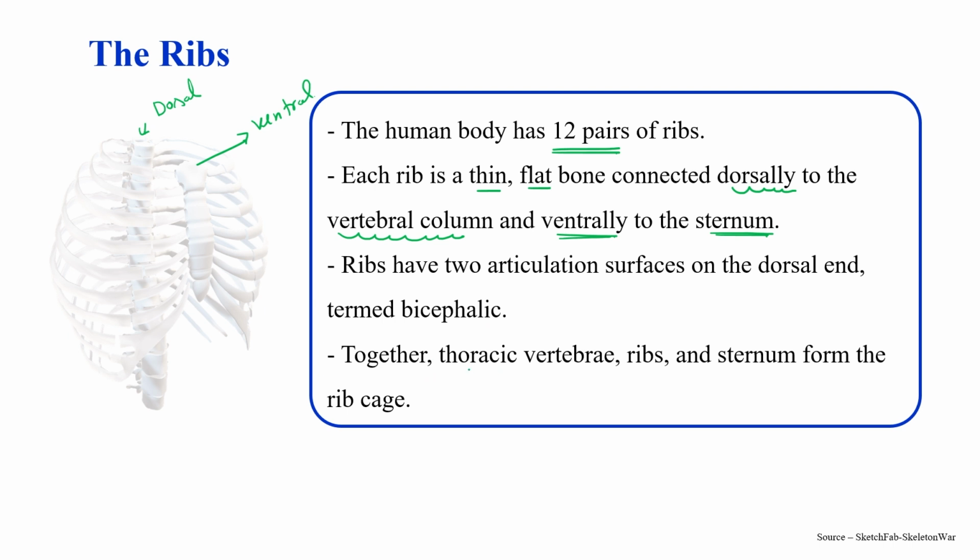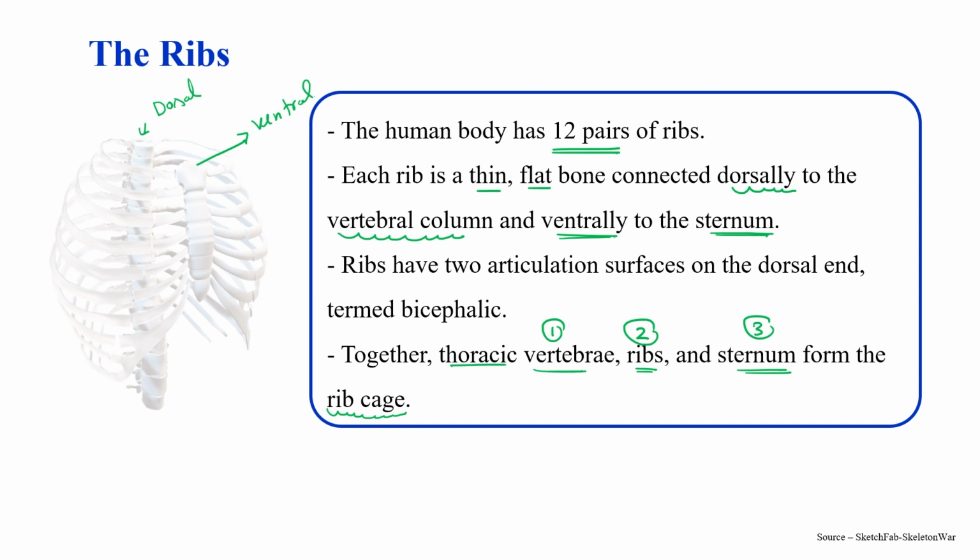Together, these thoracic vertebrae, ribs and sternum, we can use the term rib cage collectively for the whole system. So the rib cage contains thoracic vertebrae, ribs and sternum.